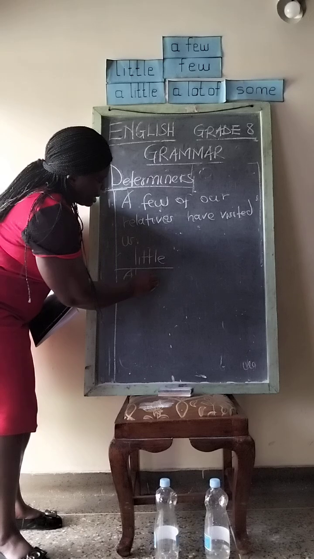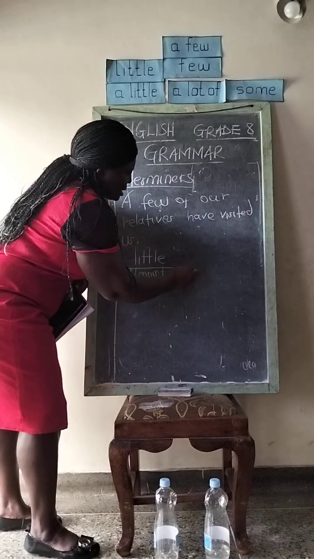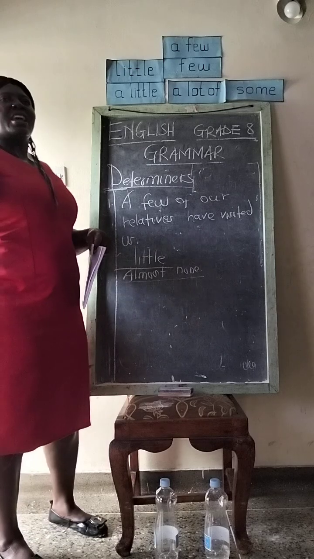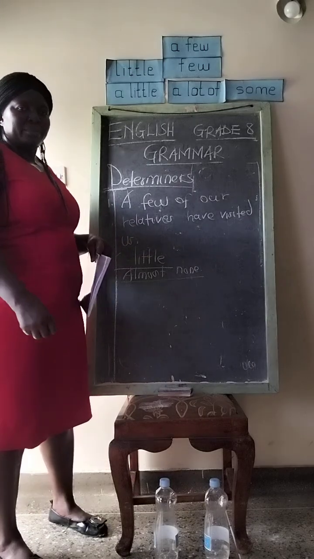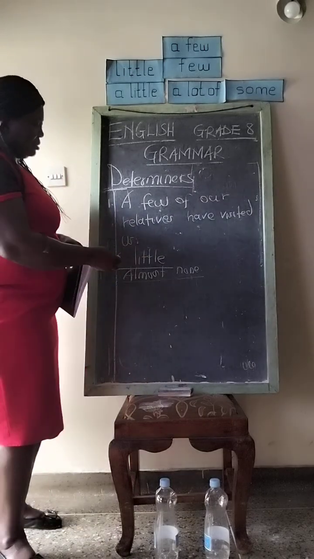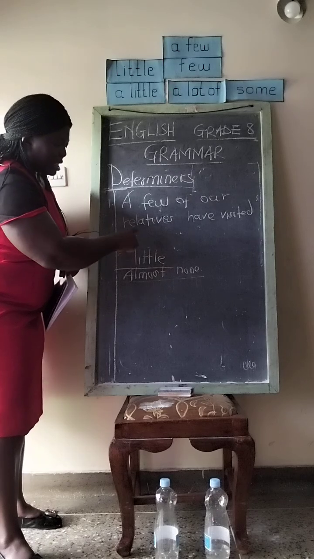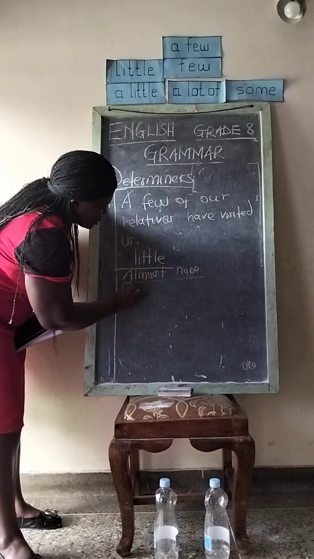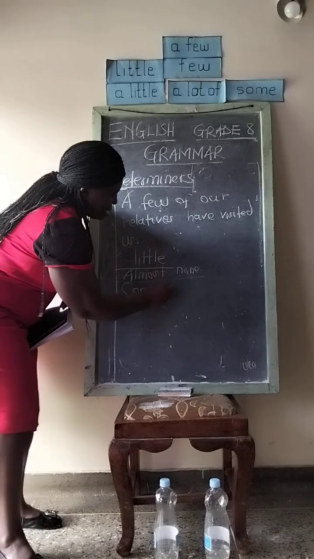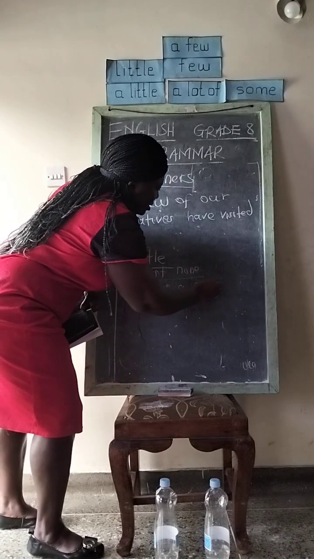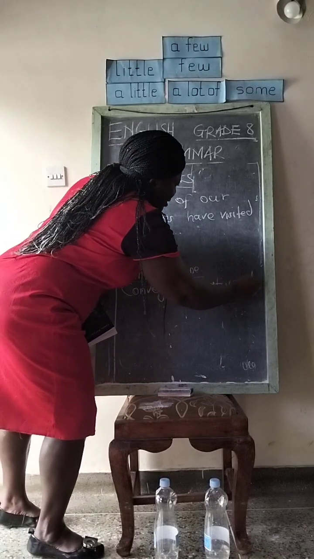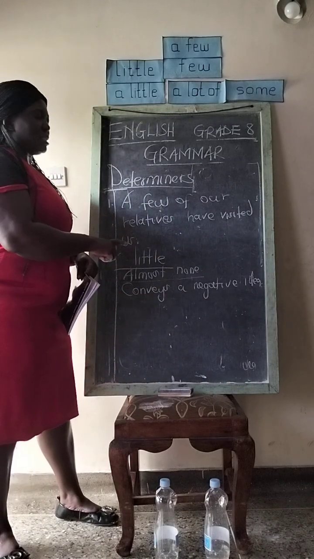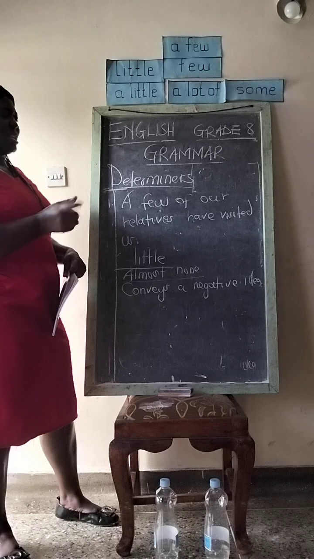Almost nothing. What is there is not enough. Little conveys a negative idea. It makes a sentence negative. If you get it in a sentence and you are supposed to do a question tag, that sentence is considered negative.